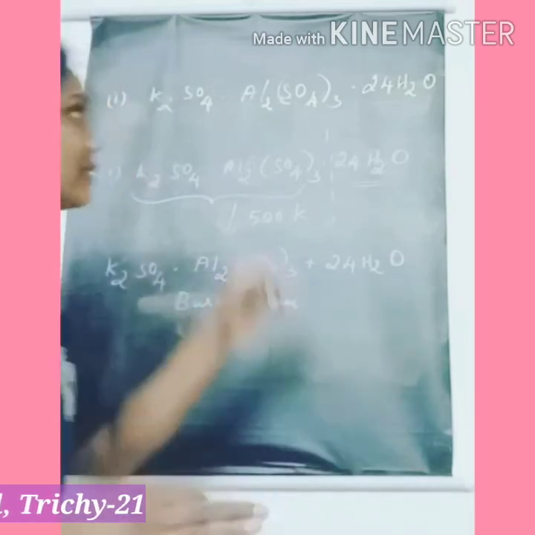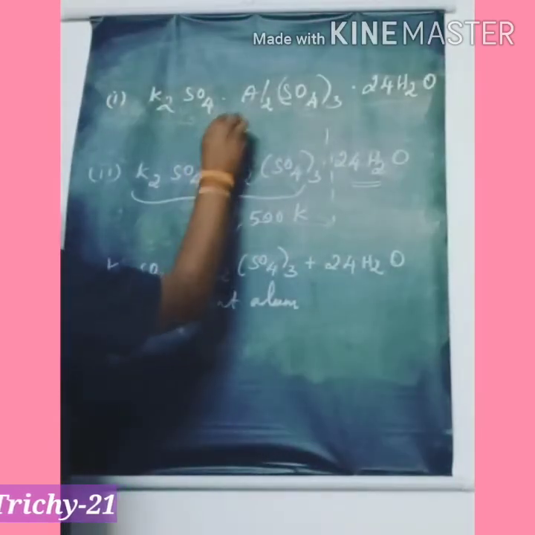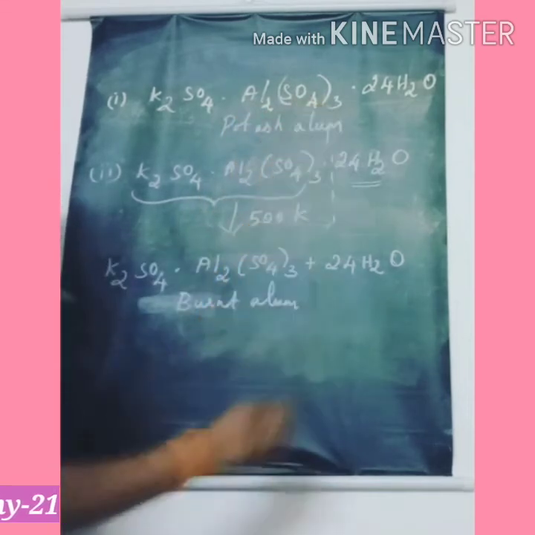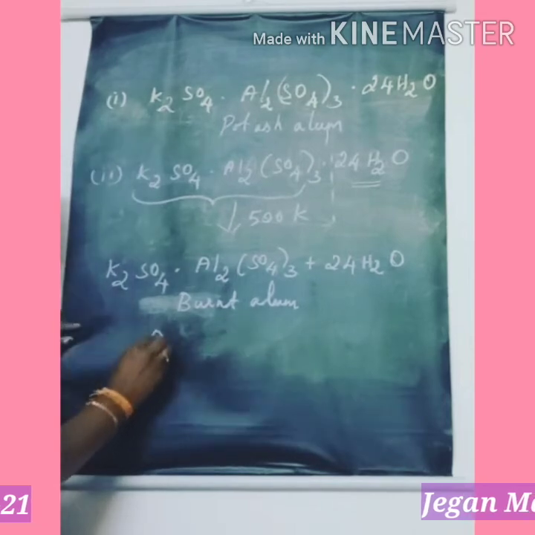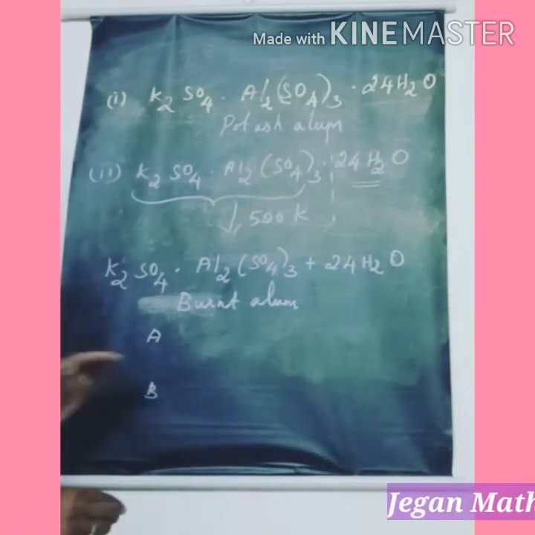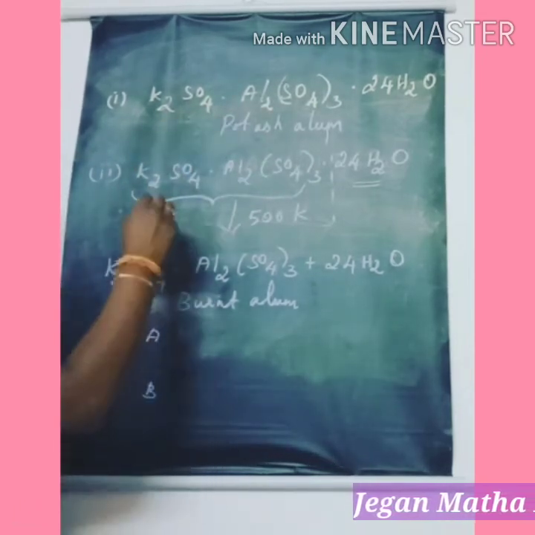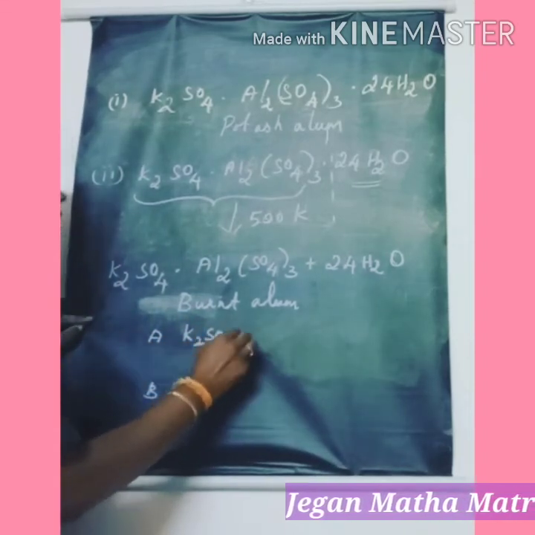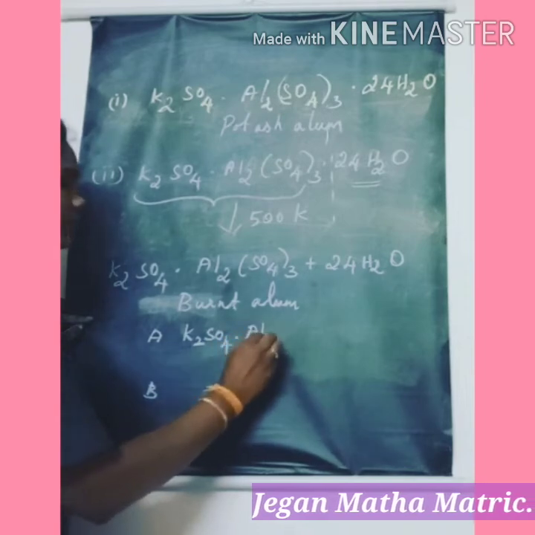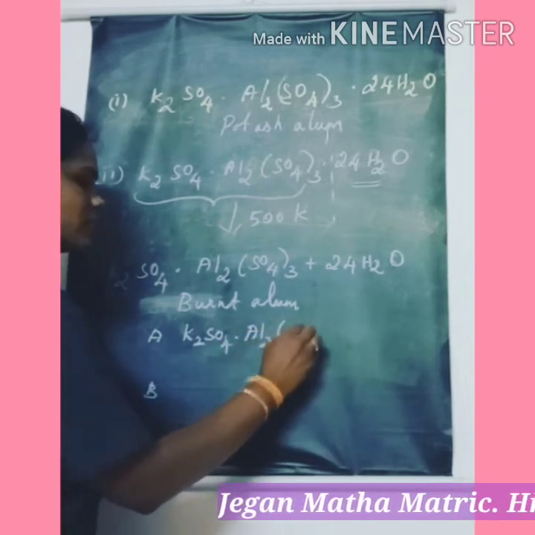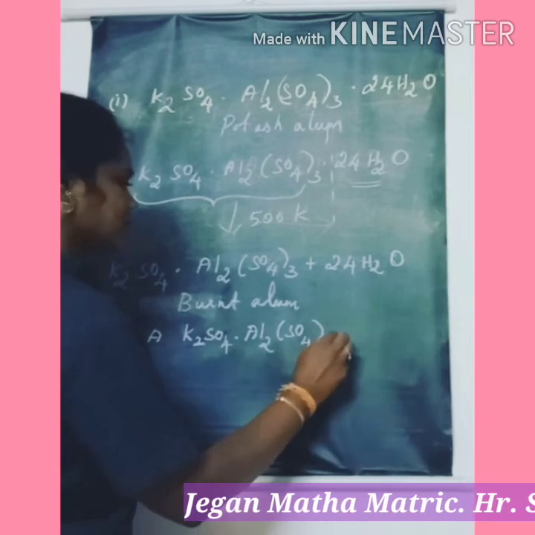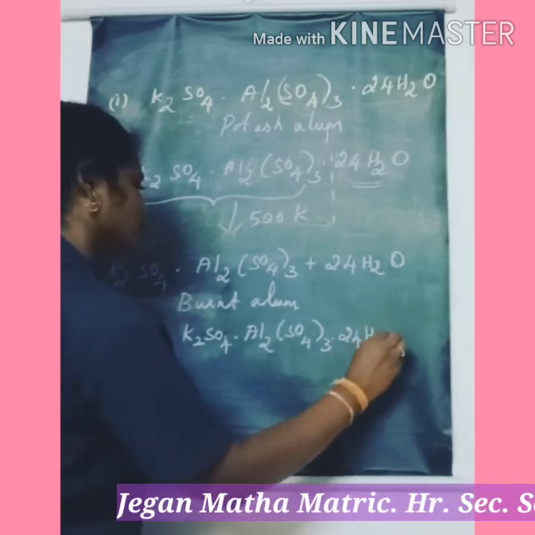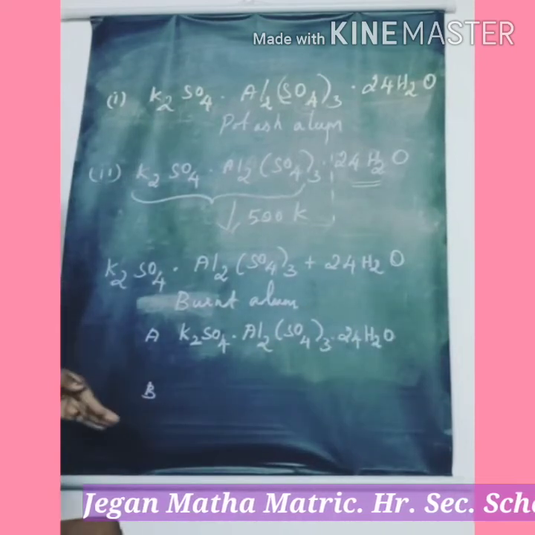Okay, so listen, the first element is potash alum. So how to write the answer? Compound A, compound B. Okay, so first you write the equation: K2SO4, Al2(SO4)3, 24 times of H2O. Okay, what is the B compound?